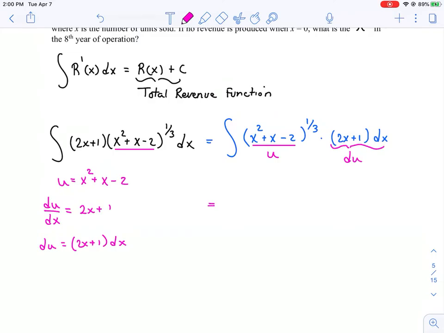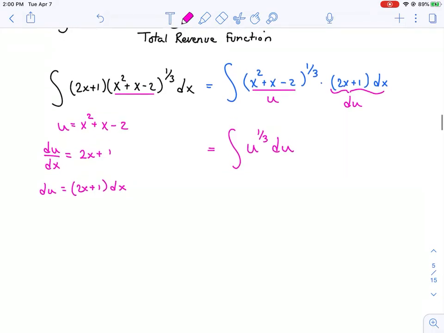So we're going to rewrite the integral as u to the 1/3 power du. And the antiderivative of u to the 1/3 power is 3/4 u to the 4/3 plus c.